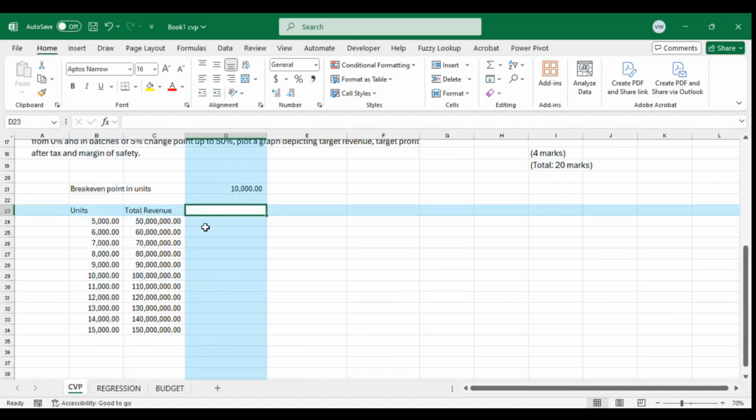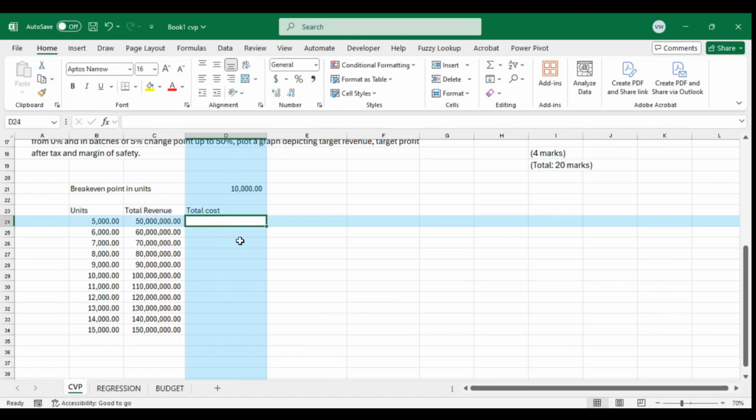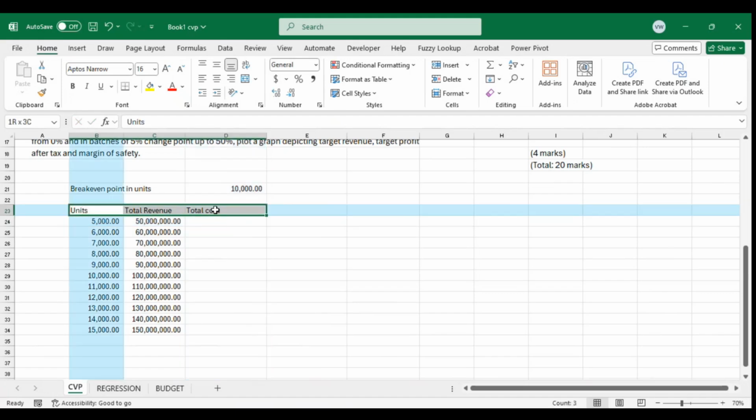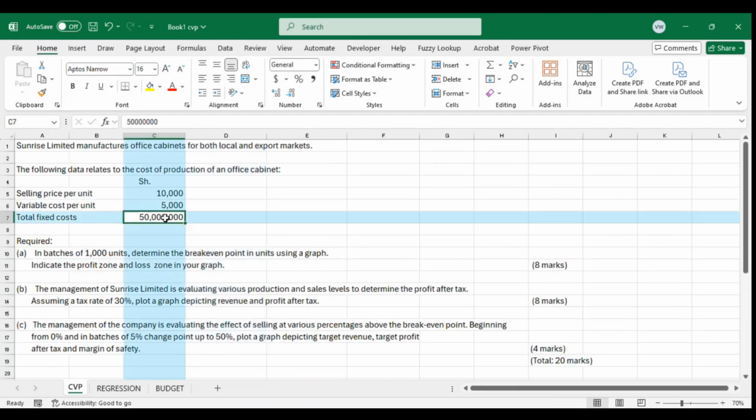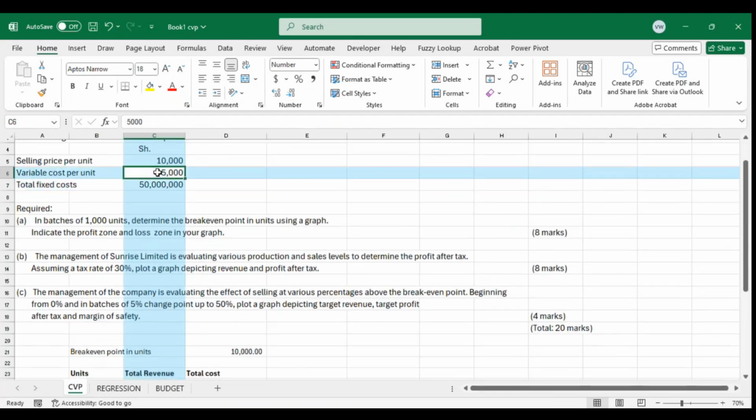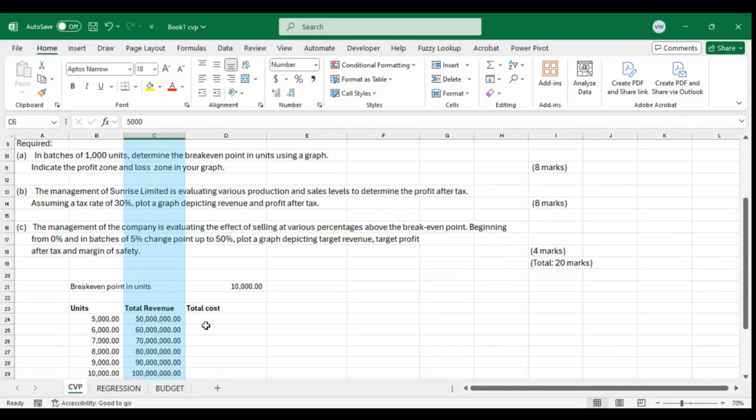So the next thing we need now is the total cost. And remember, the total cost is given by the total fixed cost plus the variable cost. So if you want to get the total cost, we know the fixed cost is 50 million and the variable cost per unit is 5,000.